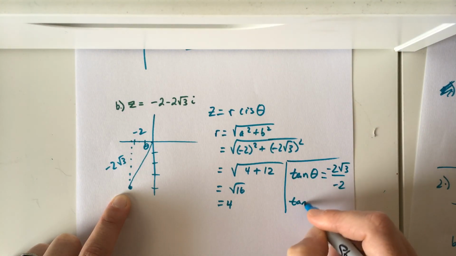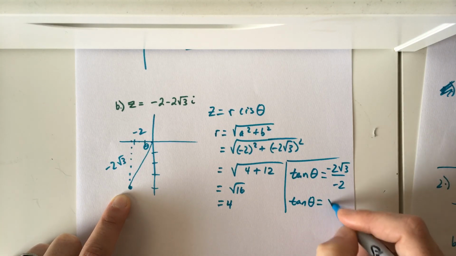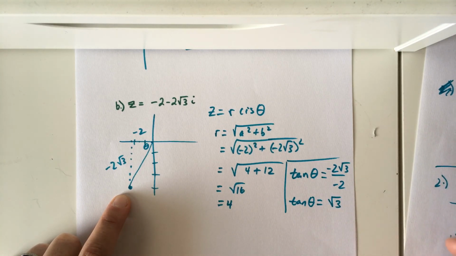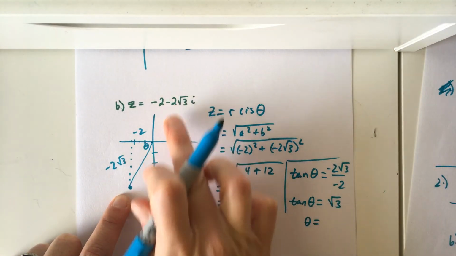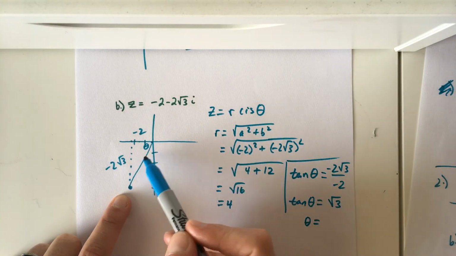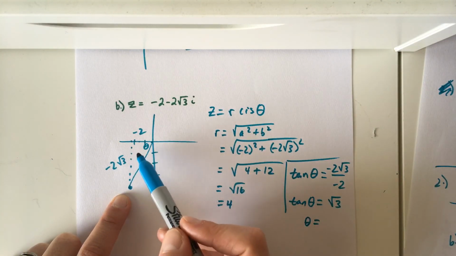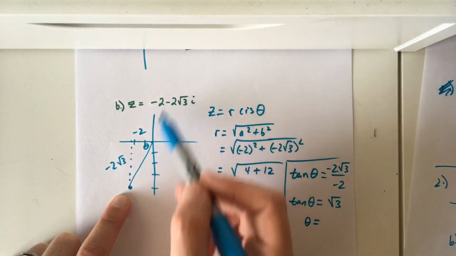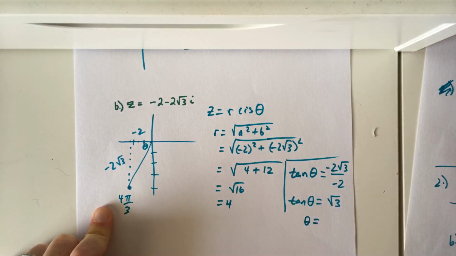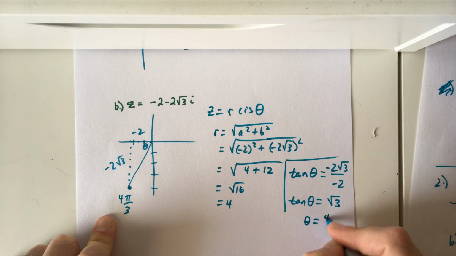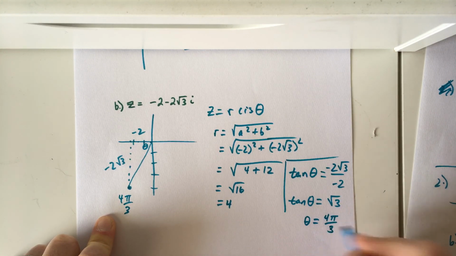So the tangent of some angle equals root 3. Well, I know because I've memorized these that the angle here, if it was in quadrant 1, would be pi over 3. So the corresponding angle in quadrant 3, this would be 1, 2, 3, 4 pi over 3. So the angle we're looking for here is 4 pi over 3.